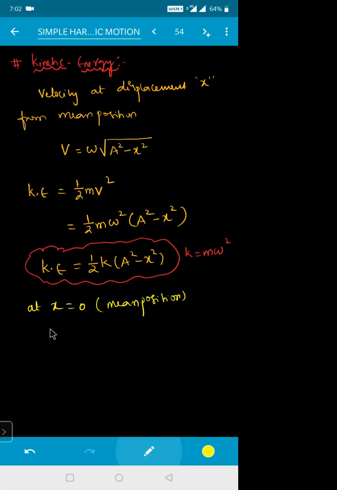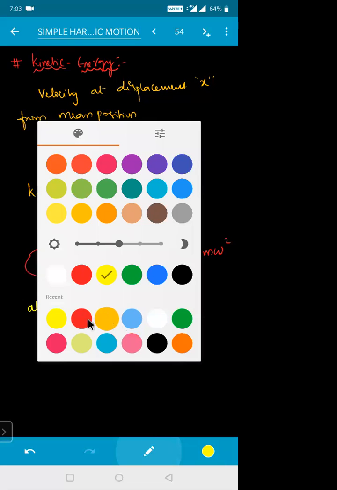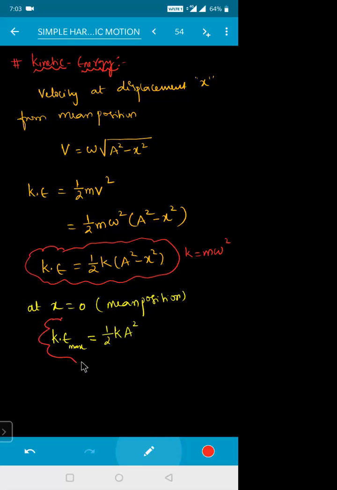So kinetic energy will become maximum, equal to half into k into a square. This kinetic energy is maximum at the mean position, which is the same as the total energy. I'll tell you that one. So this is your maximum kinetic energy at the mean position.